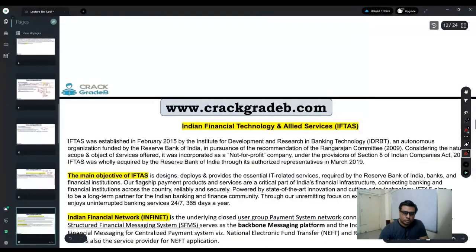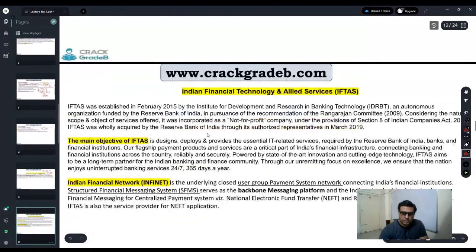Now moving to the third organization, that is Indian Financial Technology and Allied Services, right? Whenever you do transactions, right now these days, messages will come, right? A lot of payment transfer systems are available like IMPS, NEFT, RTGS.